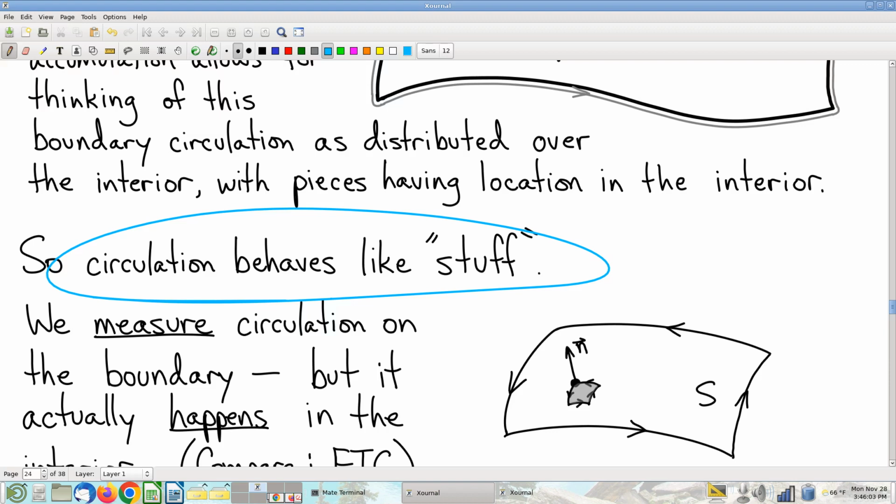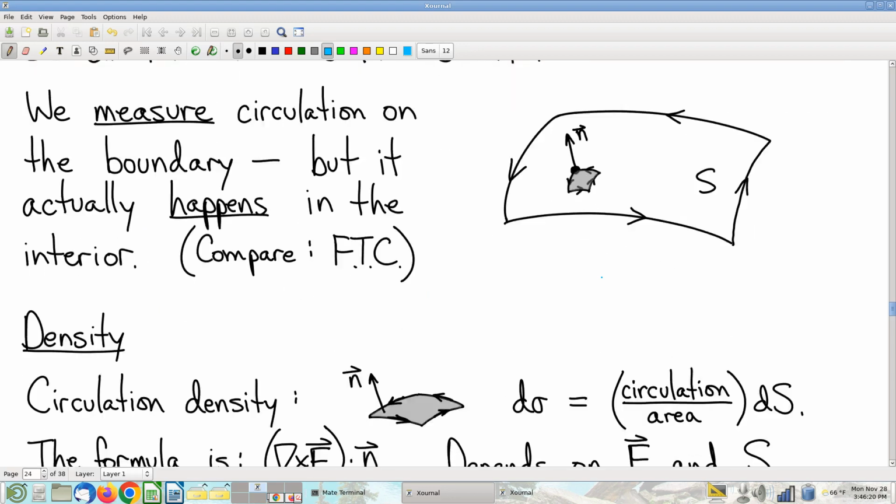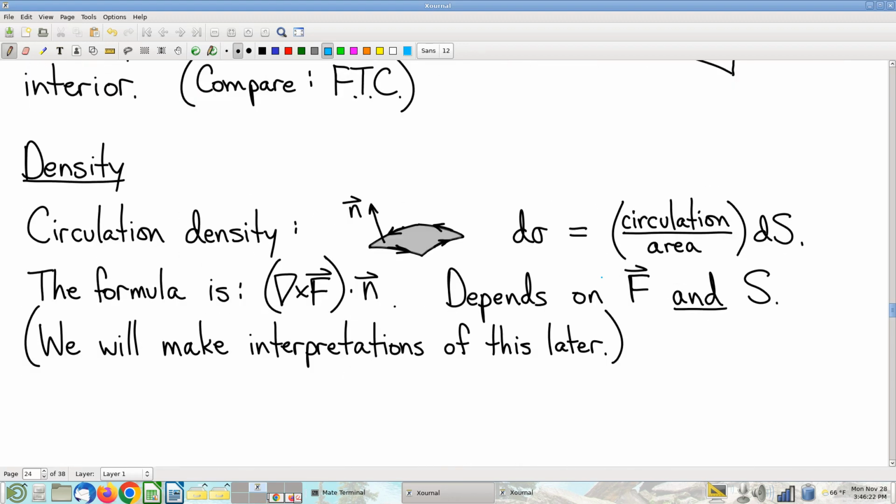And if you want to know how much of that mass of the whole was in the left side, you can just look at the mass of the left side. It behaves exactly the same way. And so if it behaves like stuff, you can pretend that it is stuff. Treat it like stuff. And accordingly, then, we're going to talk about this kind of a density, stuff per unit size.